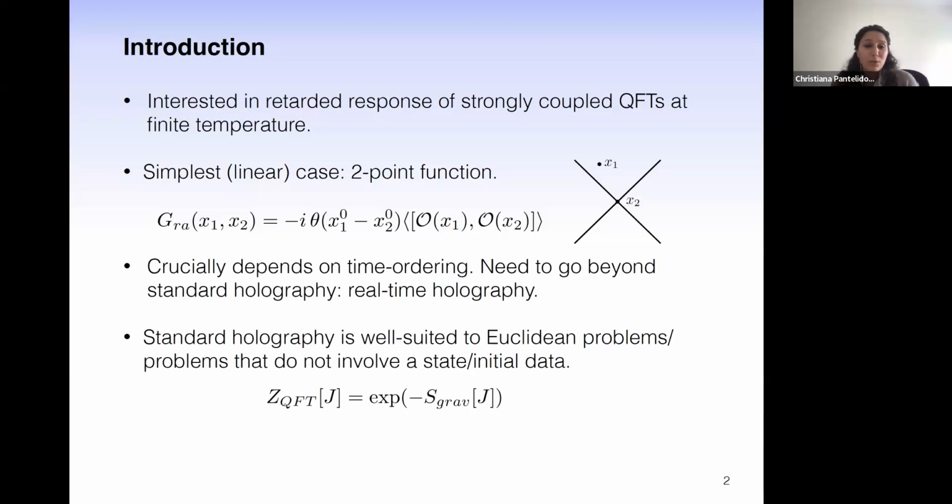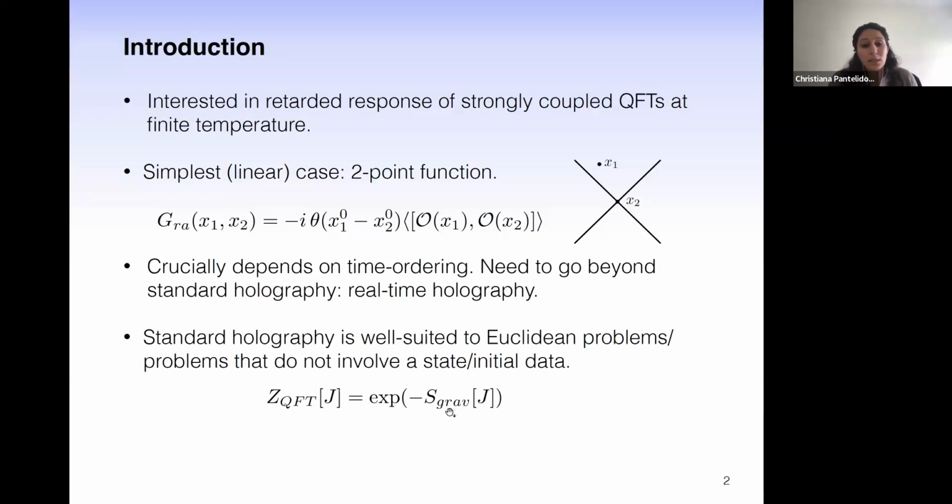So according to the standard AdS/CFT, or the standard holographic prescription that we all know, the partition function of the quantum field theory that I denote here by Z_QFT is equivalent to the gravitational path integral, which we approximate by evaluating it on a saddle point.